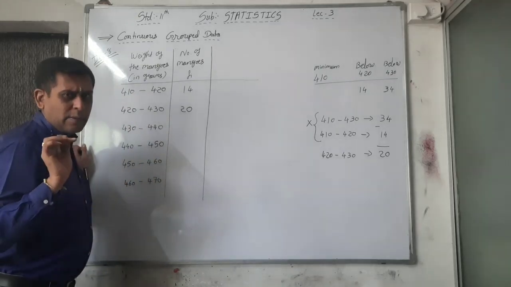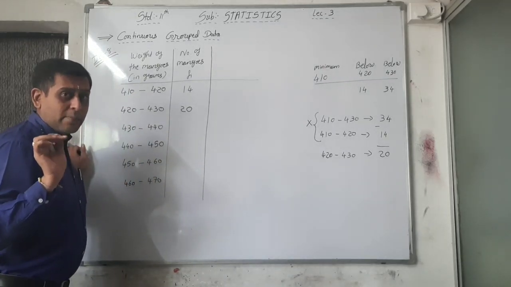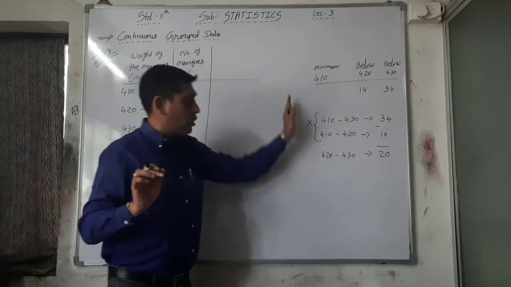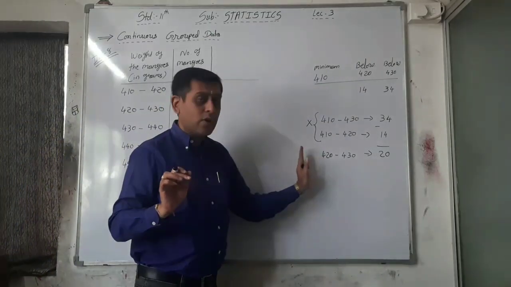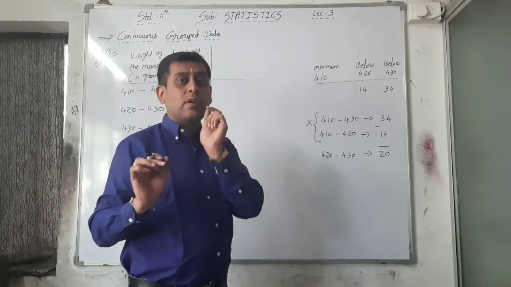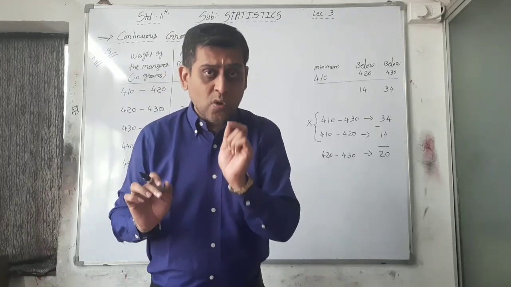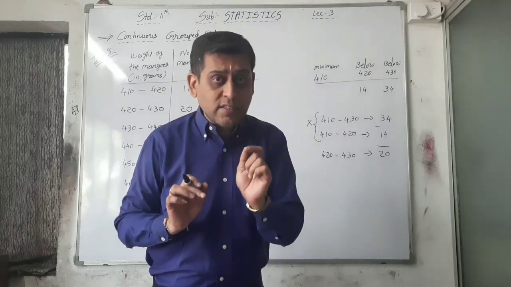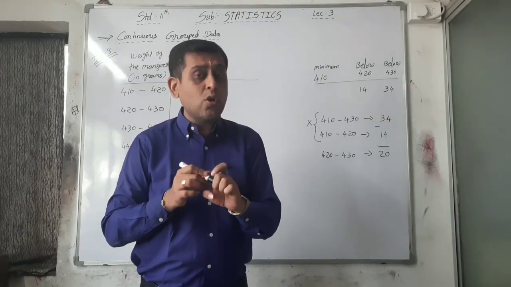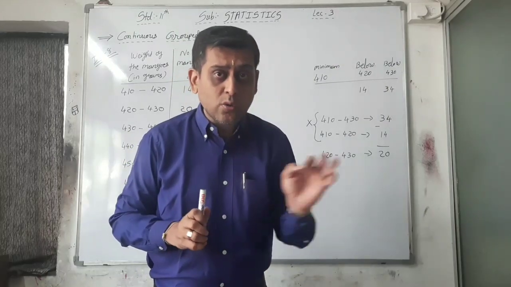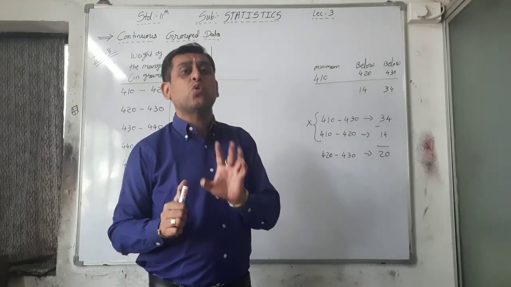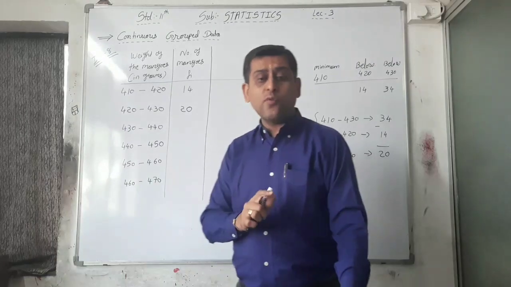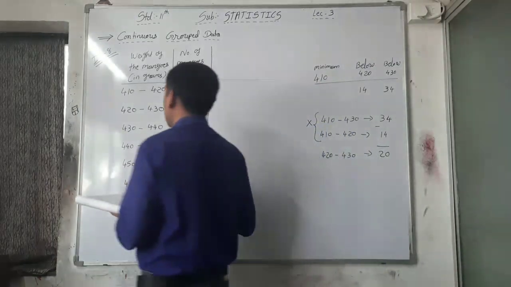It is somehow difficult, but this is the method to find out the frequency. Now I am giving you a shortcut. Whenever the word below or less than is there in the question, you have to write the frequency like this.